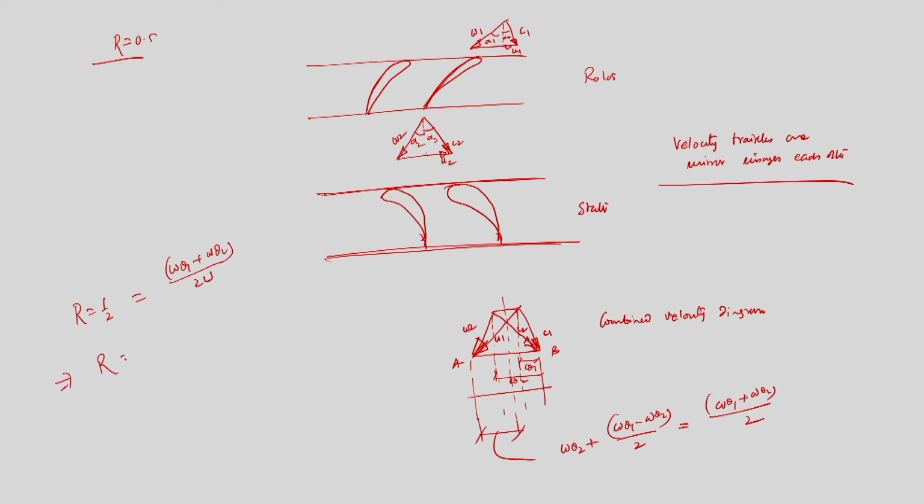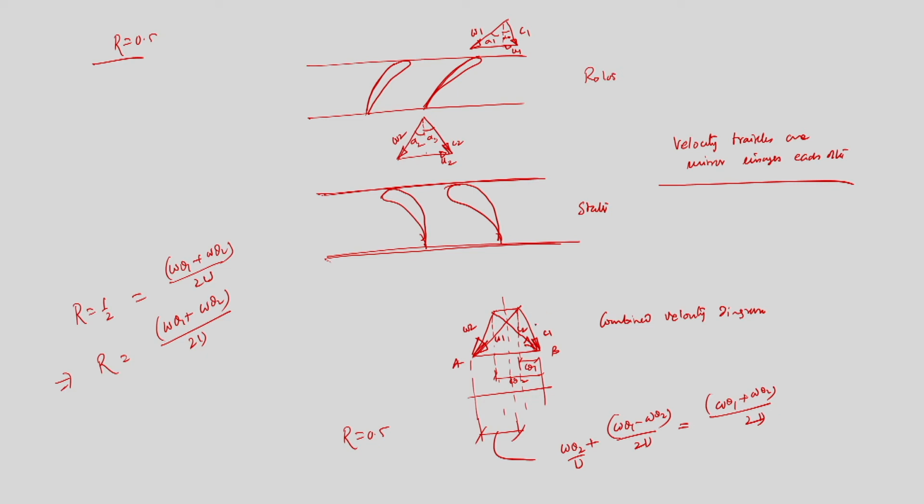If I make every term dimensionless by dividing by u, then it is twice u. So this is for r is equal to 0.5, where the velocity triangles are mirror images.